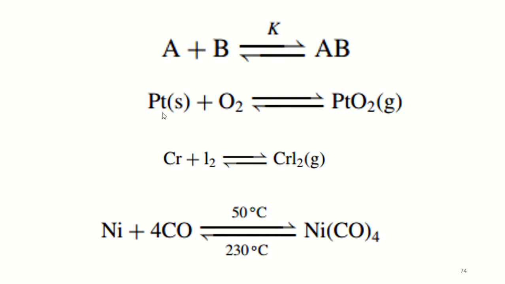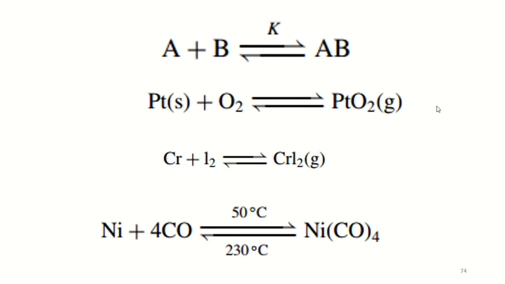We can see in this equation that platinum in solid state reacts with oxygen and changes into platinum oxide PtO2, which is in gaseous state. This reaction occurs at about 1200 degrees Celsius or even more.